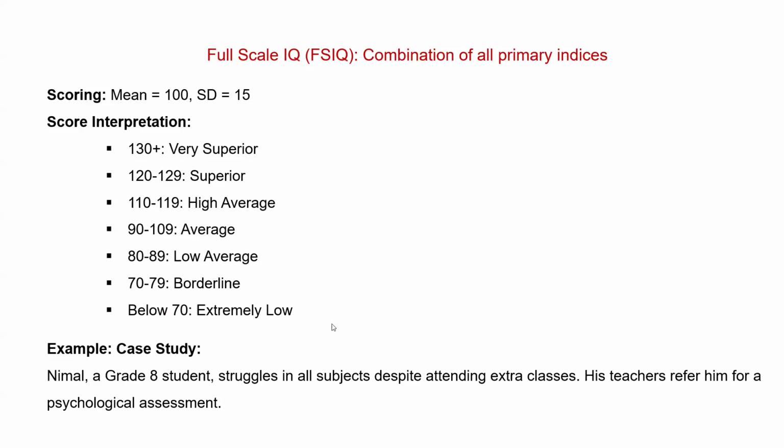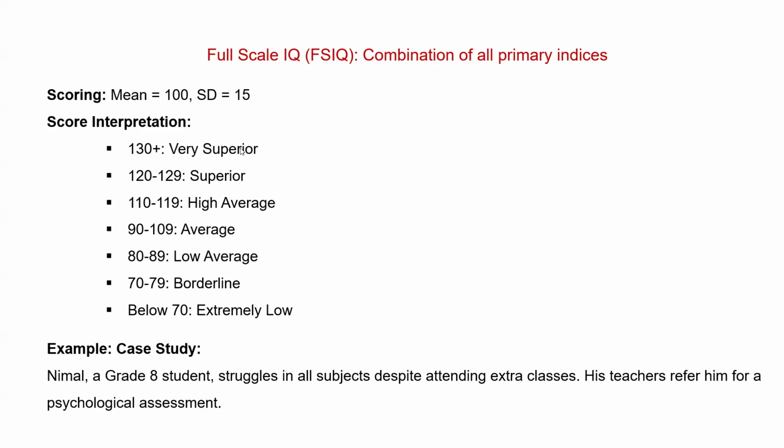So full scale, combination of a primary. So you see, this is the standard one. If one has scored according to a test, this is the average one. 130 plus is a superior man or superior girl.